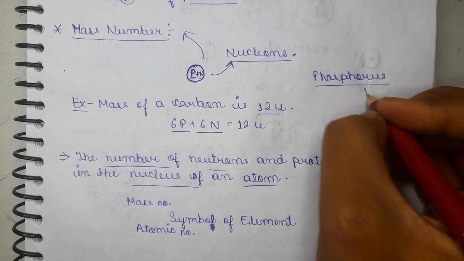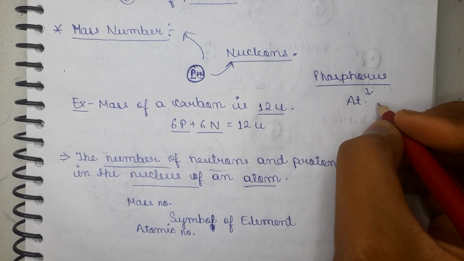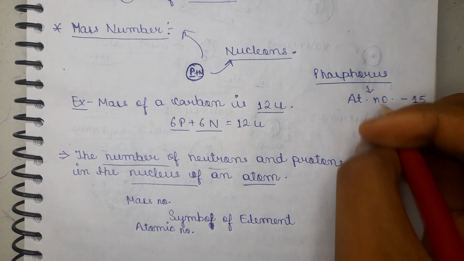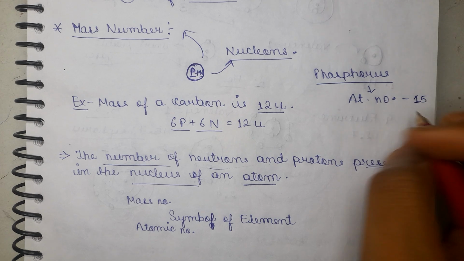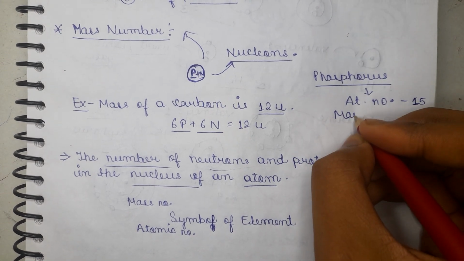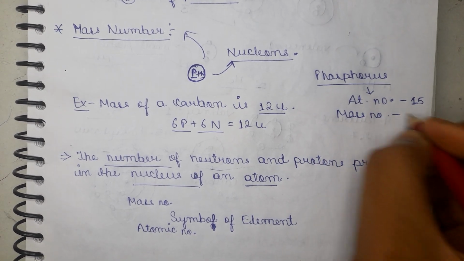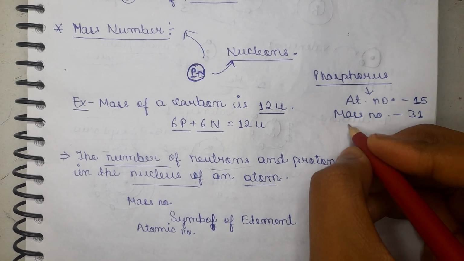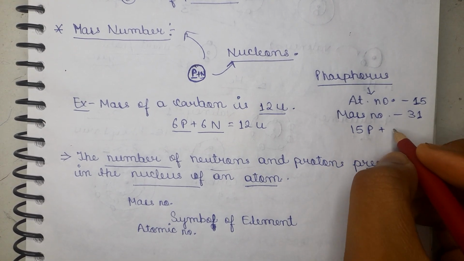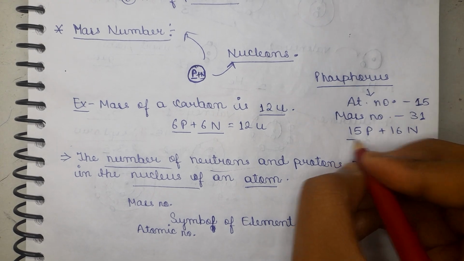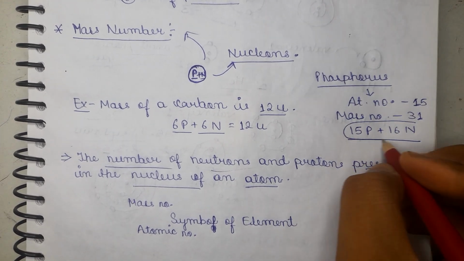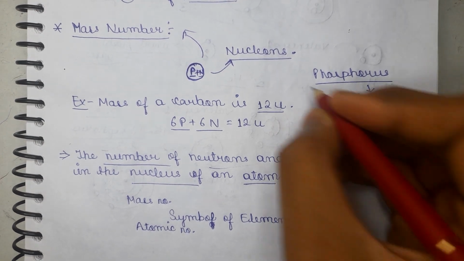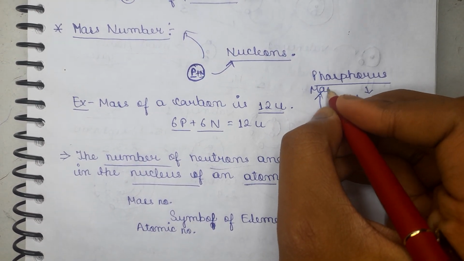We all know that the atomic number of phosphorus is 15, and the mass number of phosphorus is 31. It means that the number of protons is 15 and the number of neutrons is 16. The total number of protons and neutrons defines the mass number of an element.